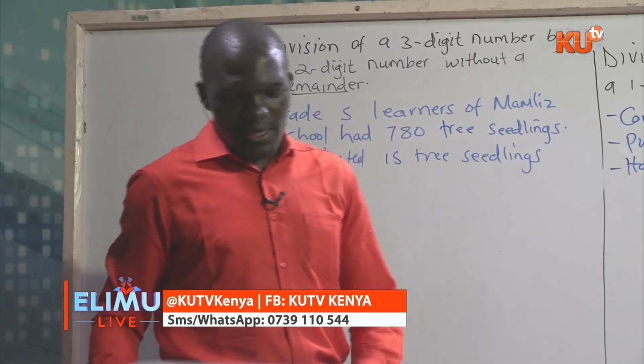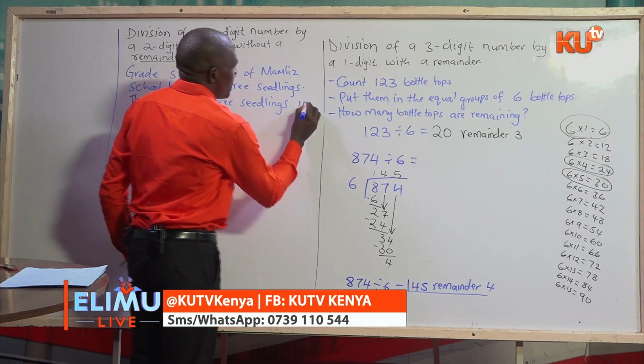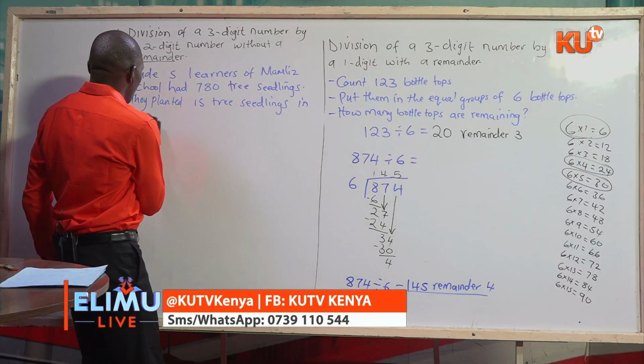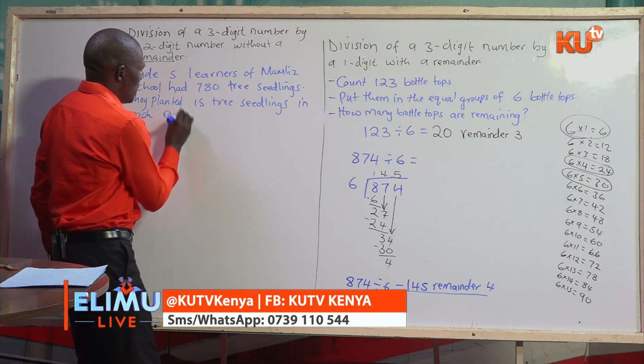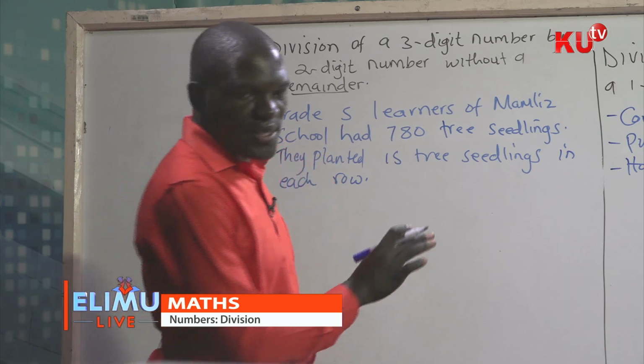They planted 15 tree seedlings in each row.